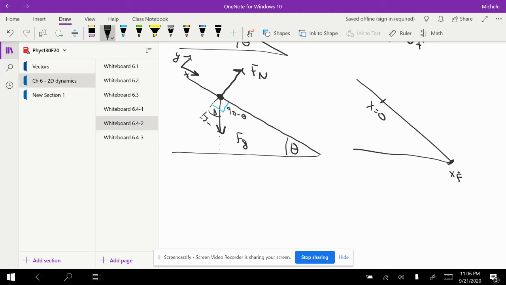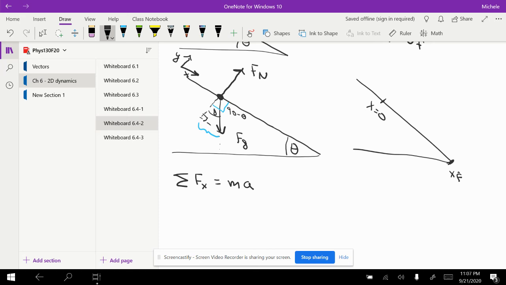Okay, so now we're going to create our Newton's second law with these new coordinates. The sum of the forces in the x direction equals ma. I can see that I'm going to have a net force in the x direction due to this piece of the force of gravity, and it's the only force I have in that direction.